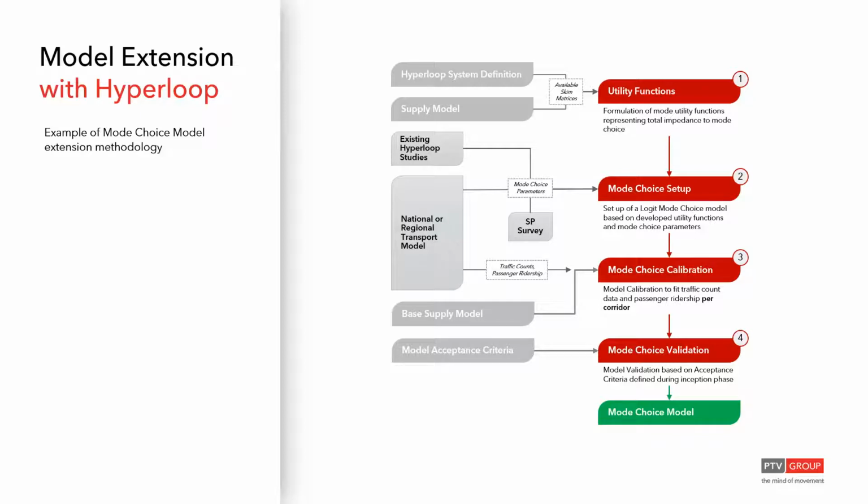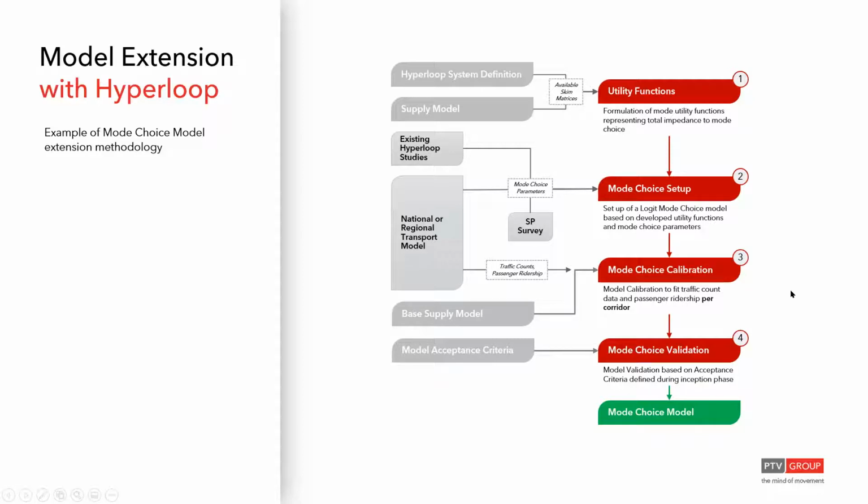And I will show you later on what kind of tweaks we applied to the model to be able to produce reasonable forecast numbers. And that's actually the content of the mode choice model for the Hyperloop.